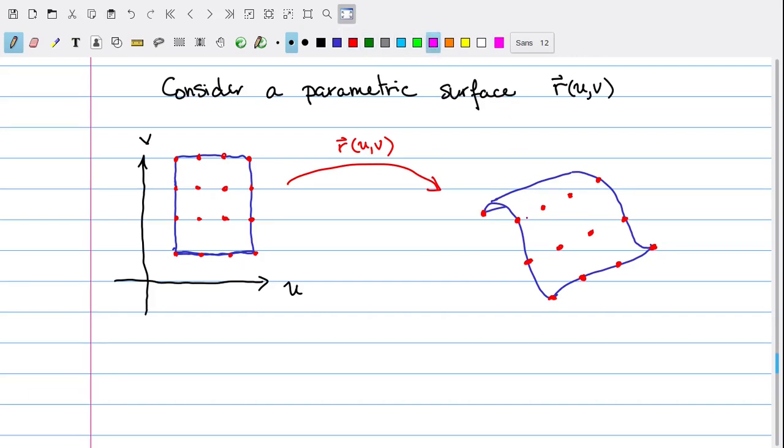And now I'm going to make an approximation of my surface just by playing connect the dots. I'm going to connect every adjacent grid point to the next adjacent grid point, creating something like a quilt of tiles, where each tile is a nice parallelogram.